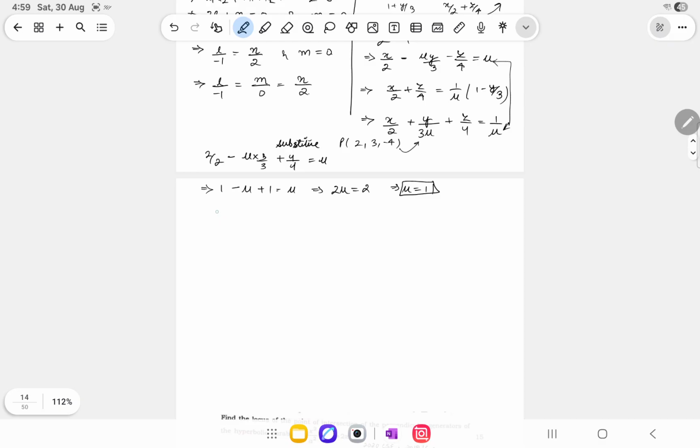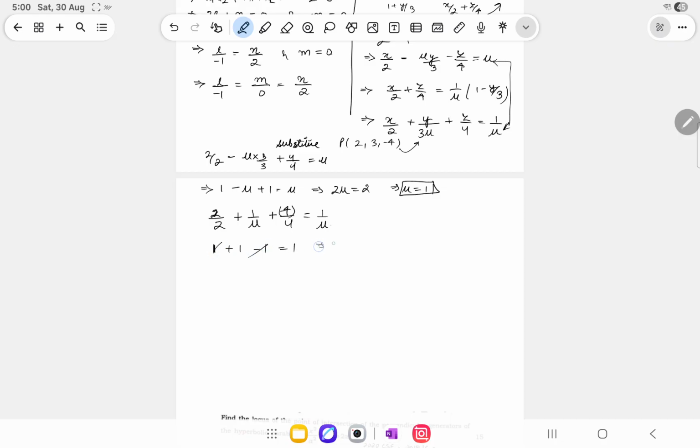Let us substitute this value in the other plane as well and see if it satisfies. If I substitute P in the other plane, I get 2 by 2 plus 1 by mu minus 1 by 4 is equal to 1 by mu, and mu is 1, so it gives me 1 plus 1 minus 1 is equal to 1.